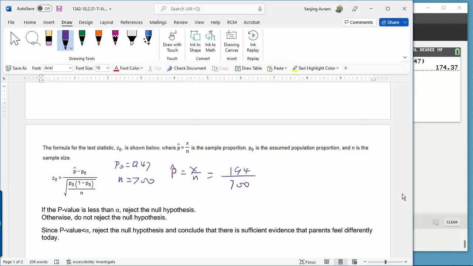So we can plug all of this into the formula to do the calculation. After you find the z sub 0, you can use the table. Since this is a two-tailed test, you can find the z value and then read a p value. Each tail is half of the p value. But I'm going to use the calculator because the calculator can give you the p value right away.